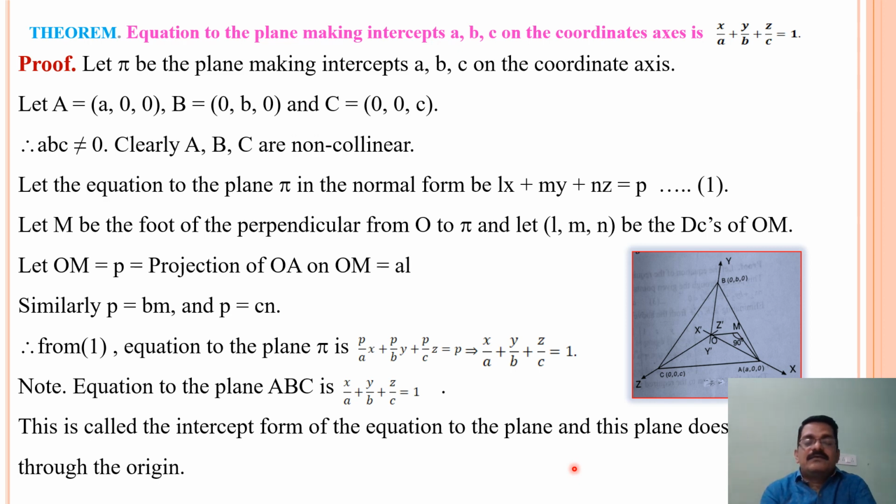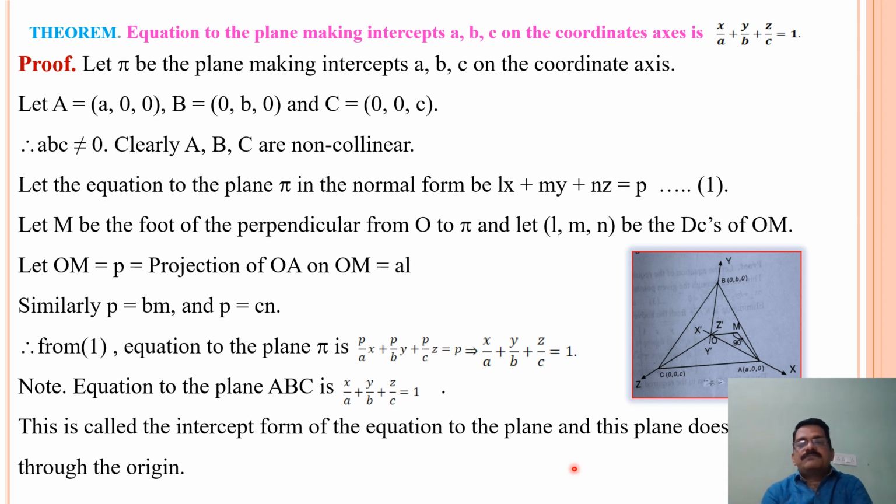The planes are parallel if and only if a1 is to a2 is equal to b1 is to b2 is equal to c1 is to c2, and the two planes are perpendicular if and only if a1 a2 plus b1 b2 plus c1 c2 is equal to 0.